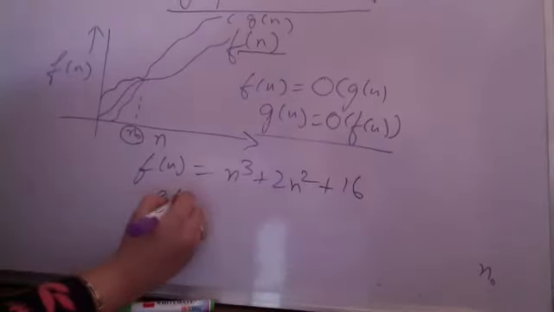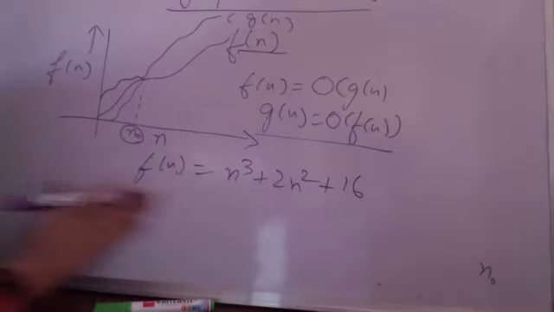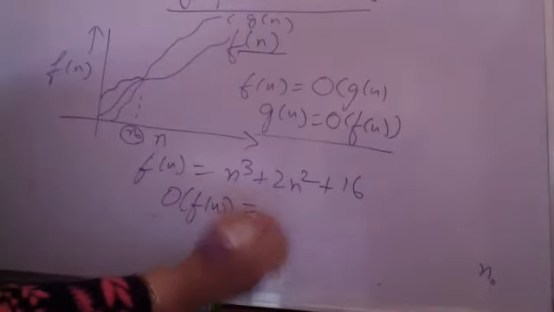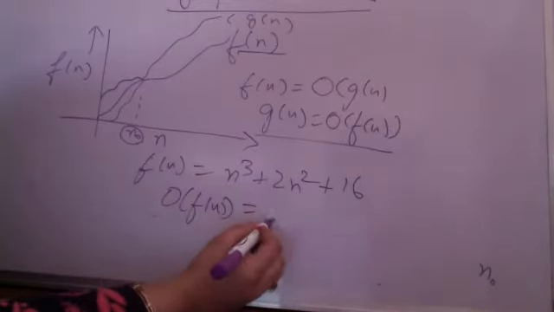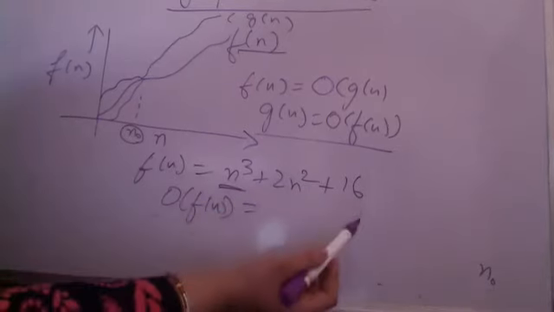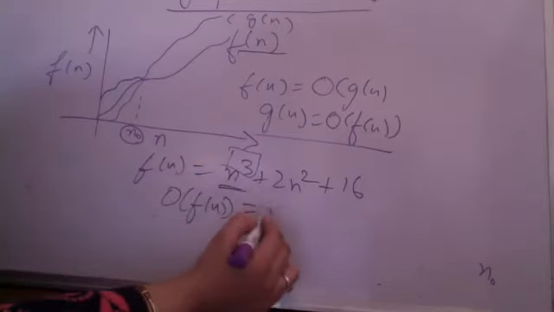What will be the g of n for this? In this case, big O of f of n is n cube, because it is the highest order polynomial term.